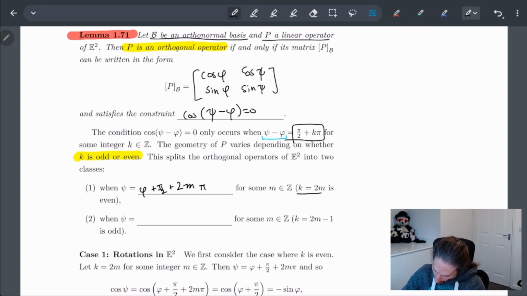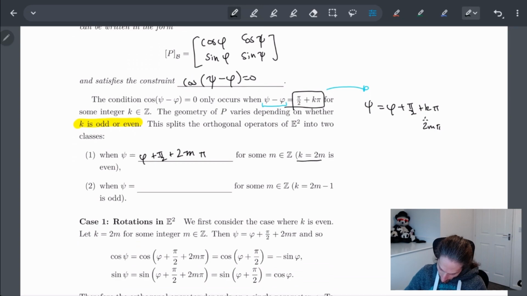I took this formula and rewrote it as psi is equal to phi plus pi over 2 plus k pi. I said k is even, therefore we have 2m pi, and that's how we get the first one. So that's case 1. The second case is we have phi minus pi over 2 plus 2m pi.